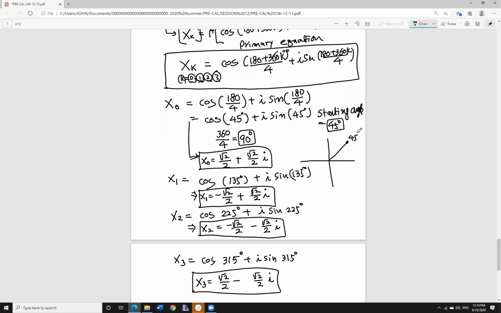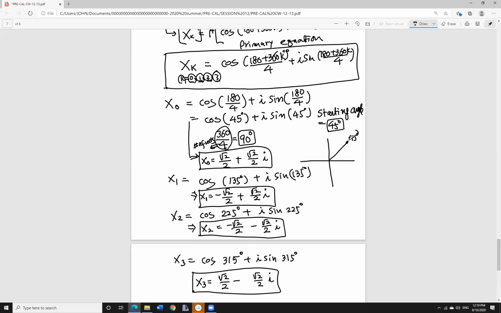You know that there are 1, 2, 3, 4 roots, so they share the 360 equally. That's why I use 360 divided by 4, which is the number of roots. When you divide by 4, each is 90 degrees.